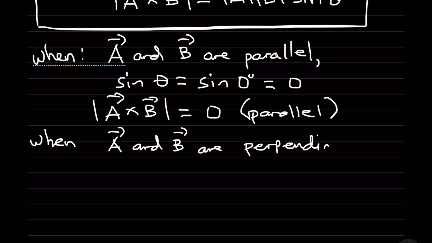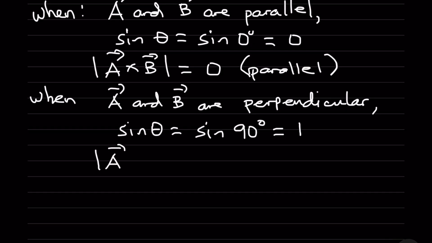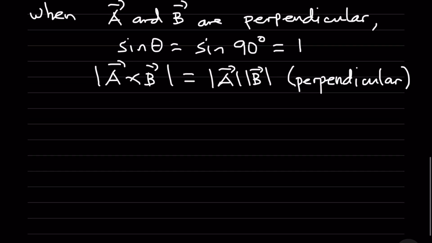On the other hand, when vectors A and B are perpendicular to each other, the angle between them is 90 degrees. Sine of 90 degrees is equal to 1. Therefore, the magnitude of the cross product of A and B is equal to the product of their magnitudes, A and B.